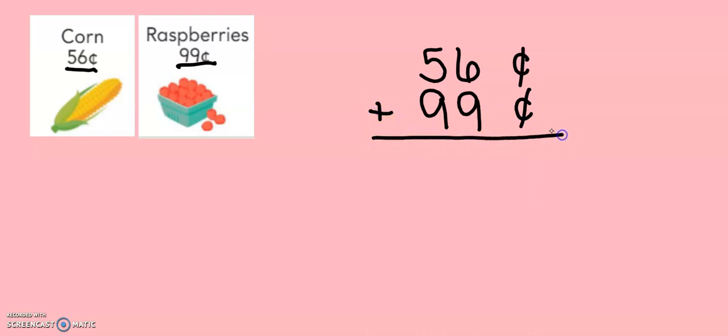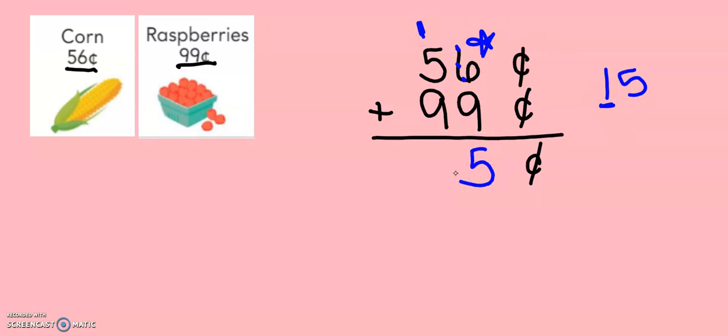So I can just set it up just like an addition problem. I can pull my cent sign right down to the bottom, and then just like I have been doing, I can add 56 plus 99. I always start with my ones. 9, 10, 11, 12, 13, 14, 15. Did I get a new 10? Yes, I did. The new 10 goes at the top.